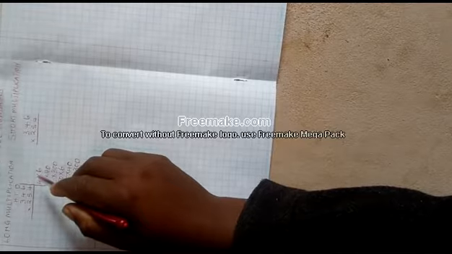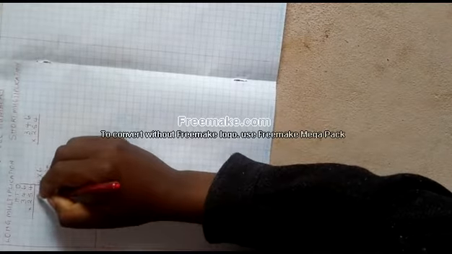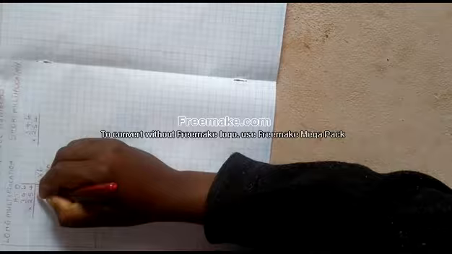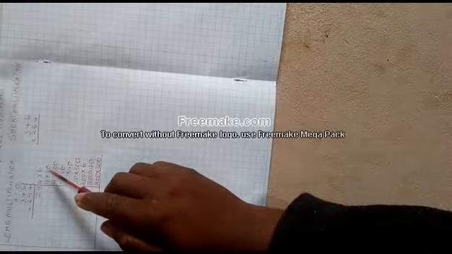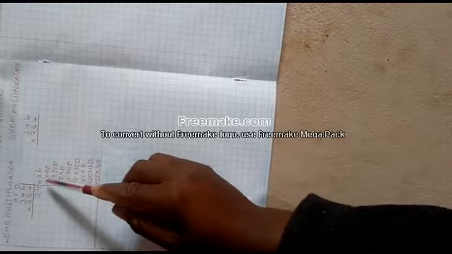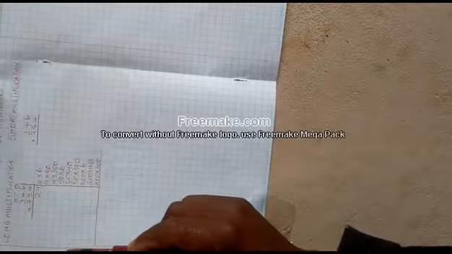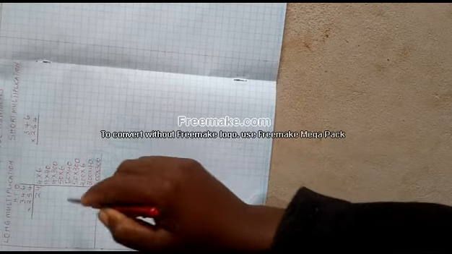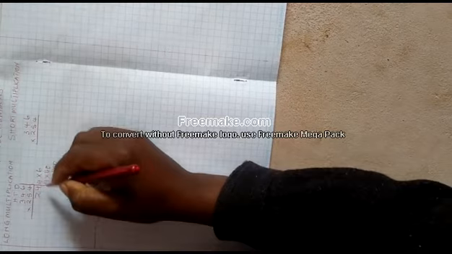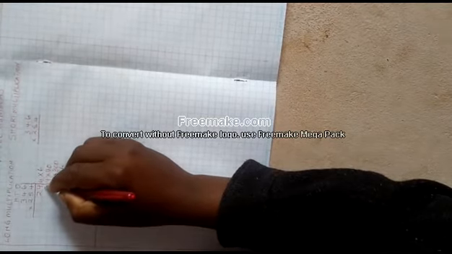4 multiplied by 6 is 24. So we write it as 24. We do not carry anything. We move on to the next one. So this is 4 multiplied by 40. Because there is 0 here, when we are multiplying 4 by 40, this 0 will definitely come back here.